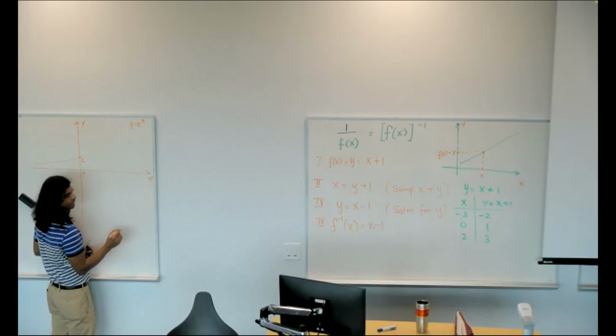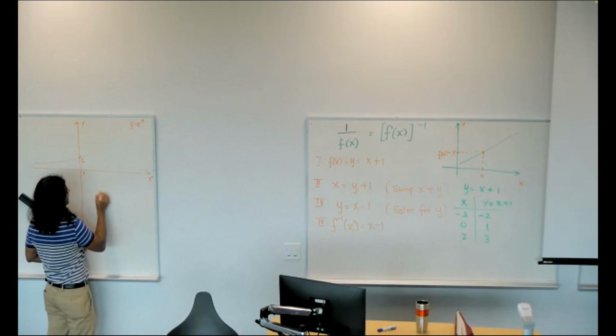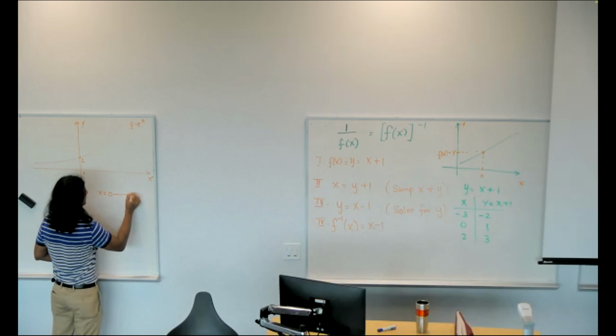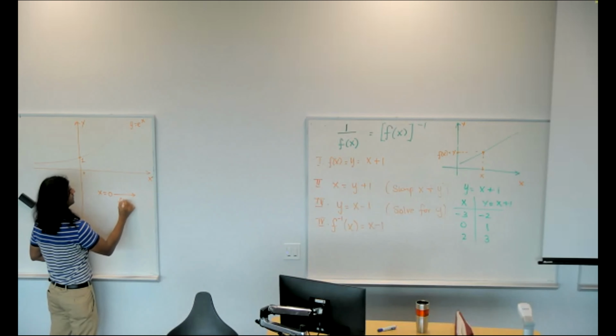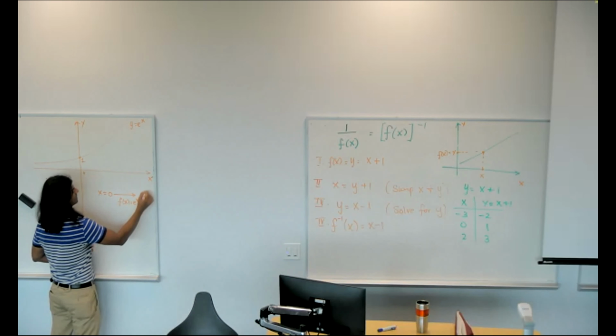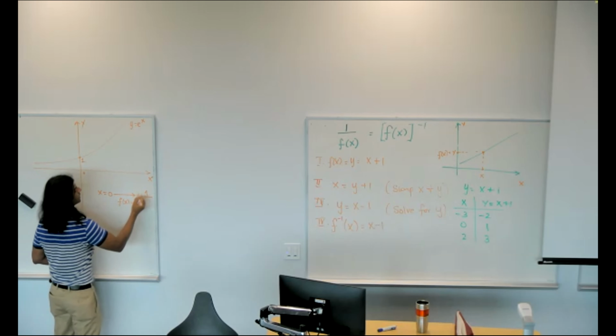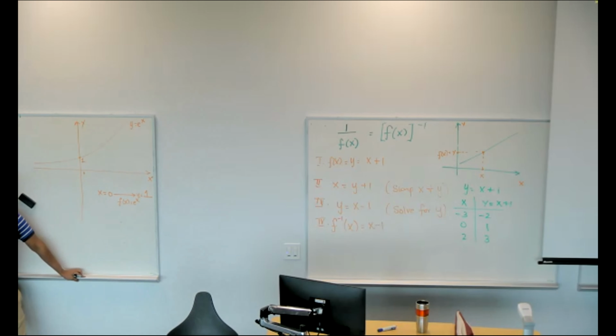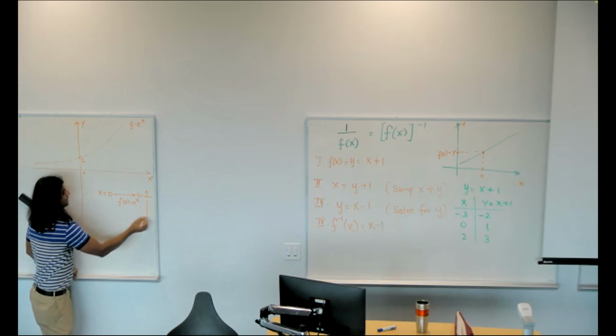So x is equal to 0, you plug it in e raised x, you get y equals 1. The inverse function must bring it back to 0. Agree? That's exactly what that did over there.